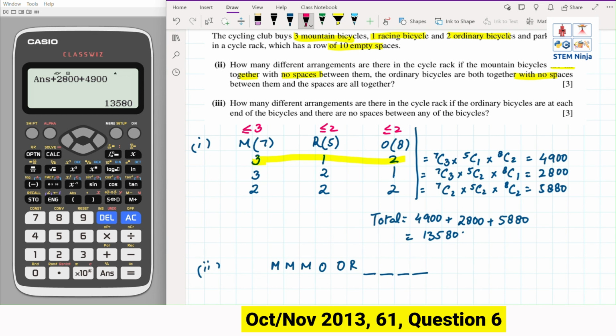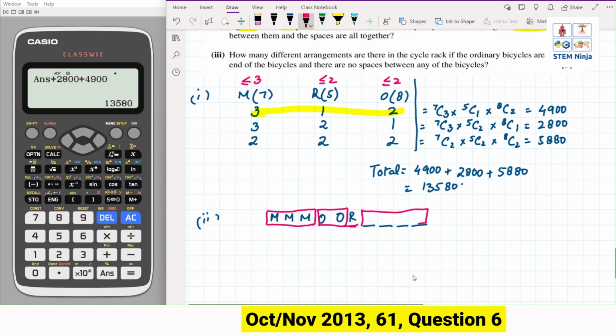So what's the significance over here? That this is one unit, this is another unit, this is a unit by itself, and these 4 spaces are another unit. So we have 4 units that we have.